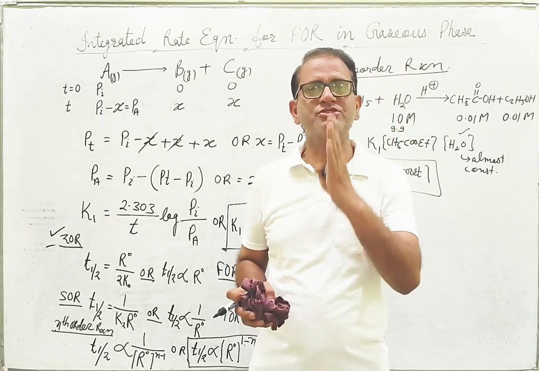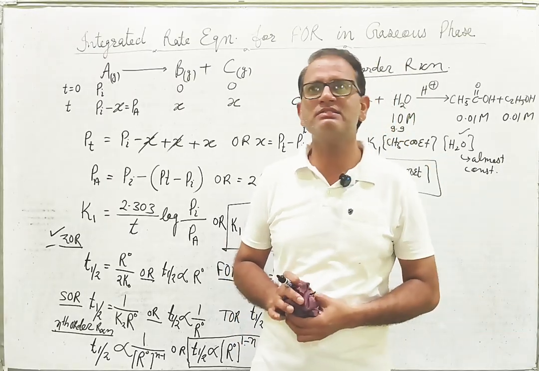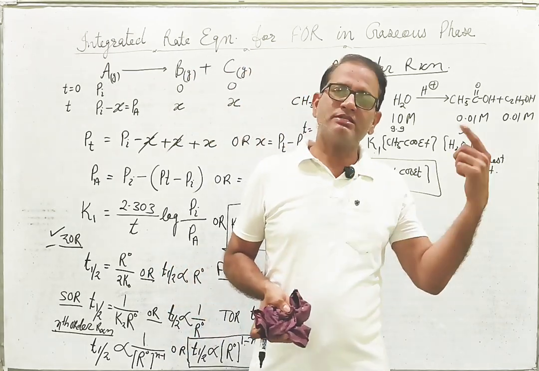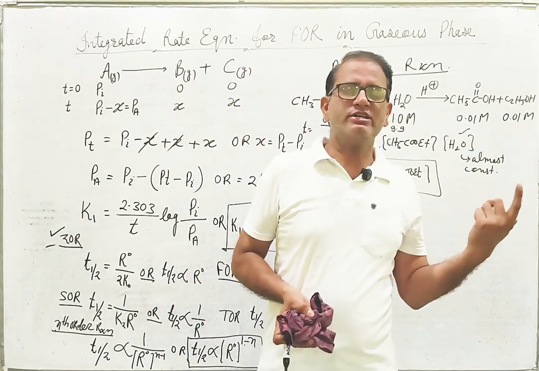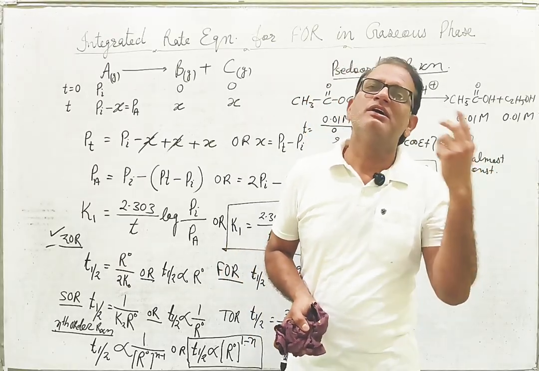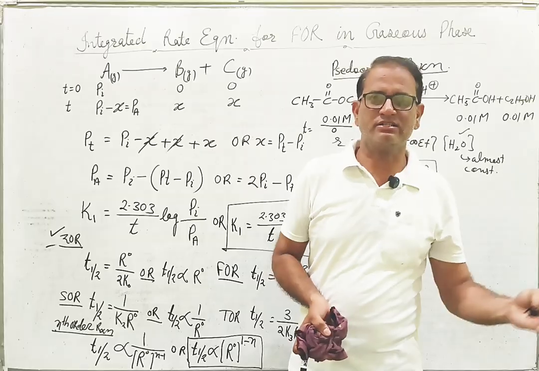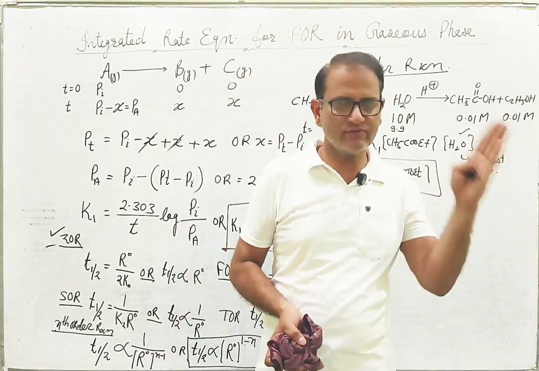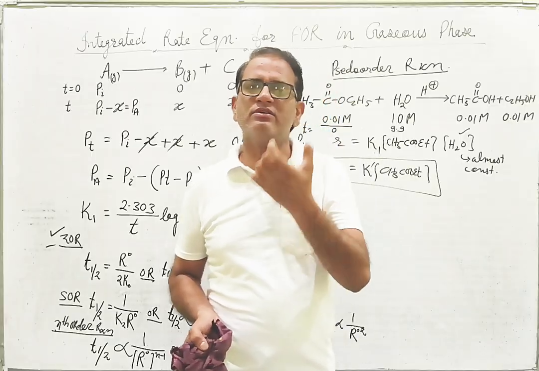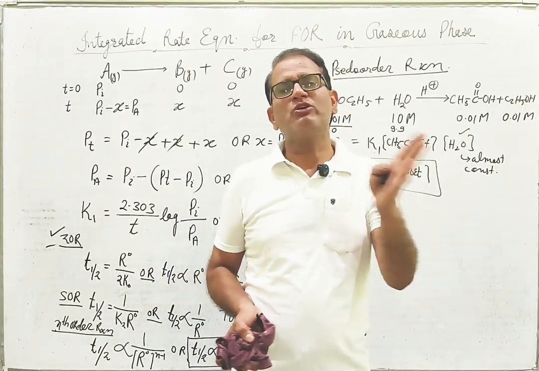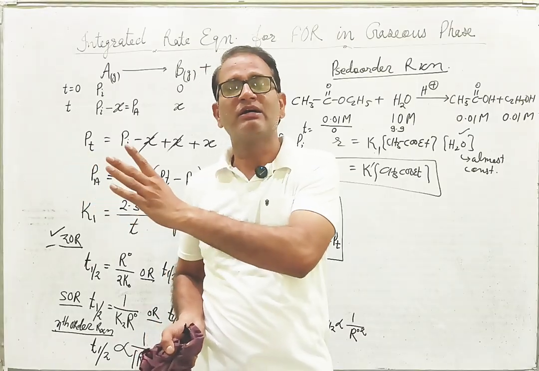So if you are asked what a pseudo first order reaction is, we can say: a reaction which seems to be a second order reaction but follows first order kinetics is called a pseudo first order reaction. Or if they simply ask about a pseudo order reaction, we can say: a reaction which seems to be higher order but follows lower order kinetics is called a pseudo order reaction.